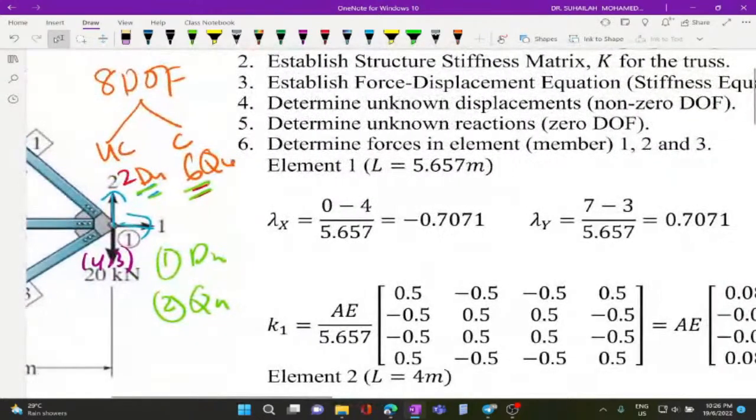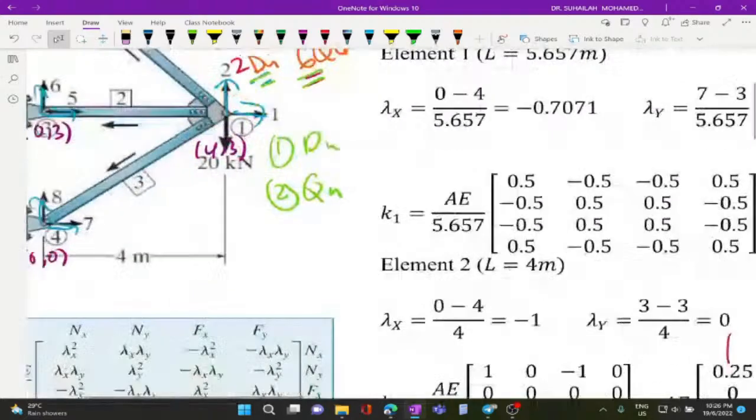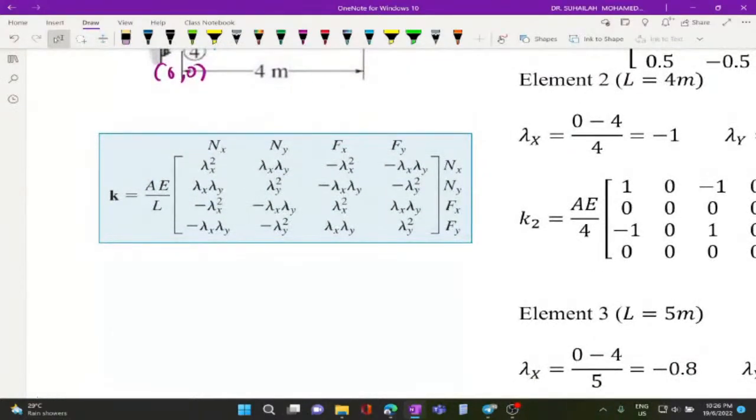Lambda x and lambda y may be written as the CX, CY symbols in different books. I took this from the textbook, and the textbook uses lambda x and lambda y. This small k represents not the structure but the element stiffness matrix.